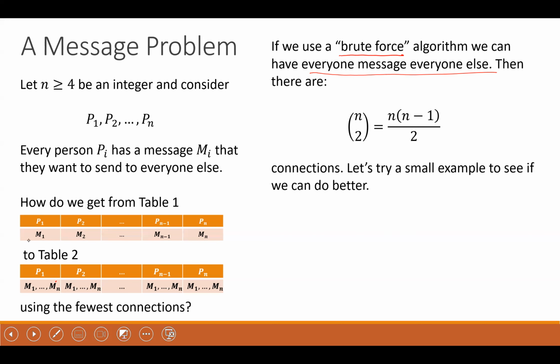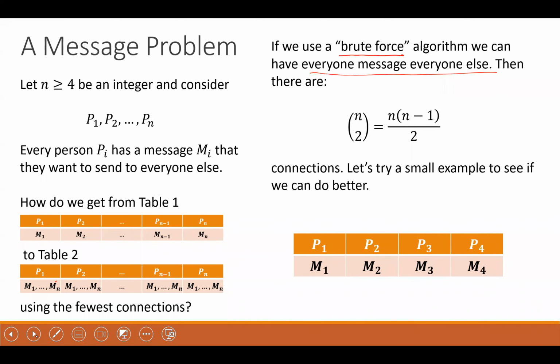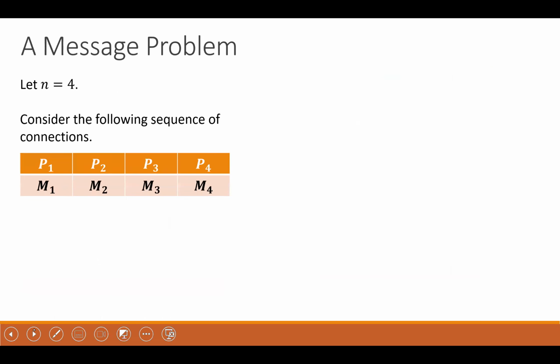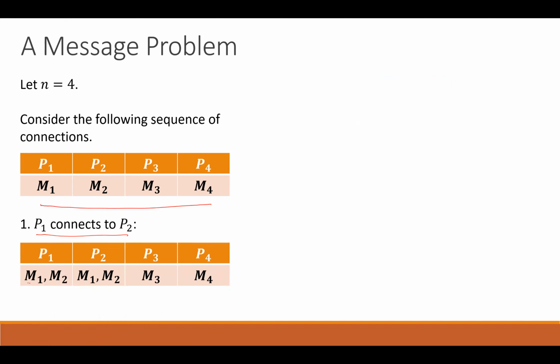Let's try a smaller version of the problem. So let's start with 4 people. Each person has their own message, and at the end of it, we want everyone to have all 4 messages. Okay, so we will just take the following sequence of actions. I start with this, and the first connection is P1 connects to P2. So now P1 knows both P1's message and also P2's message, and P2 also knows both messages.